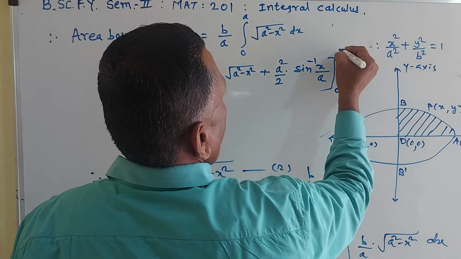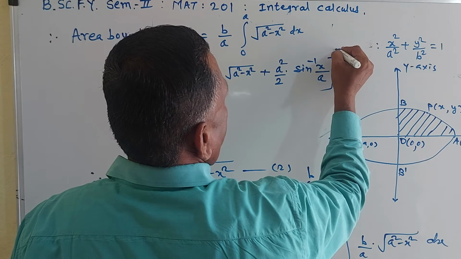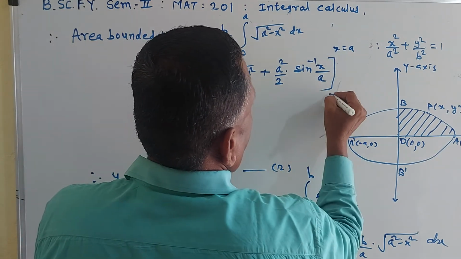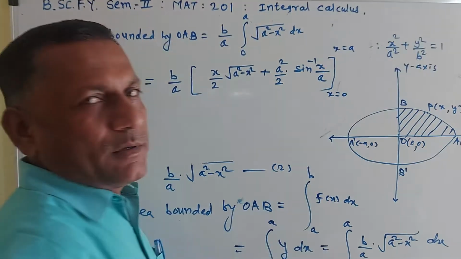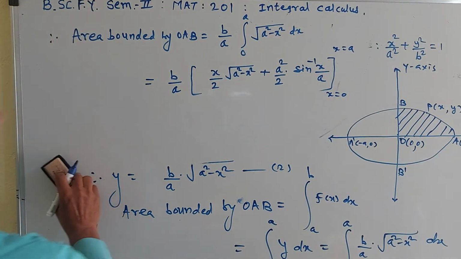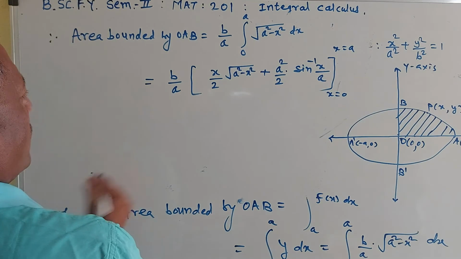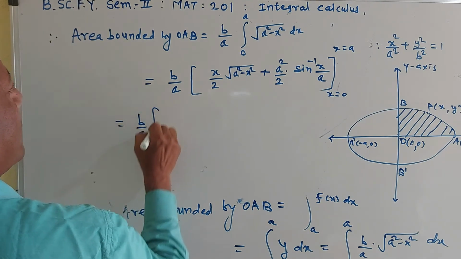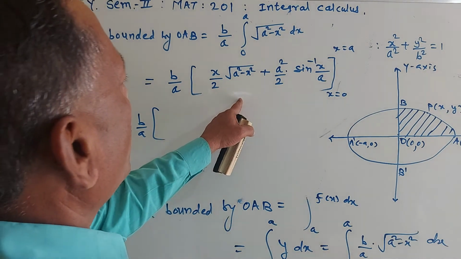Integration going from 0 to a: the upper limit is x equal to a and the lower limit is x equal to 0, by the fundamental theorem of integral calculus. So it is equal to b upon a into upper limit minus lower limit.